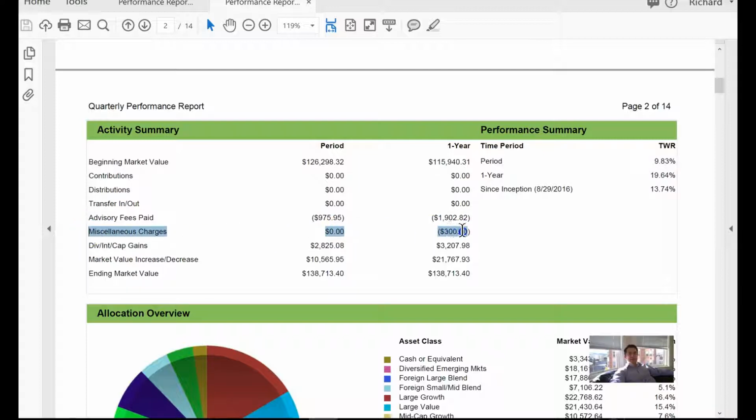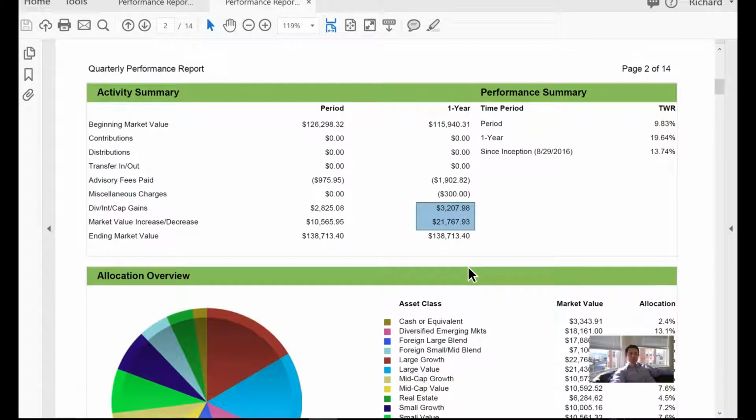This is just a one-time fee that Schwab charged some of my clients for swapping out of the Wells Fargo portfolios into the new and improved Schwab portfolios. And then the fun part is these two numbers. Okay, the dividends and capital gains and the market value increase. That's the money that you've grown over the last year. So in the Smiths' case, they put in 115 and they earned about 24,000, 25,000 last year. So again, not a bad year.